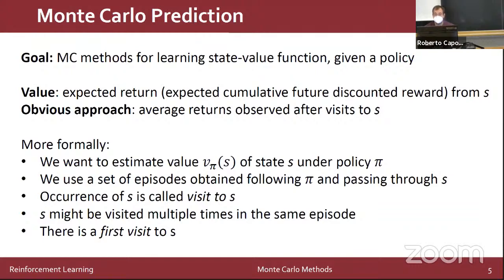Of course, in a single episode, S might be visited several times. So we'll also consider two different kinds of methods. One where we only look at the first visit to a certain state, and another one where we update the value for every visit in the same episode to that state.